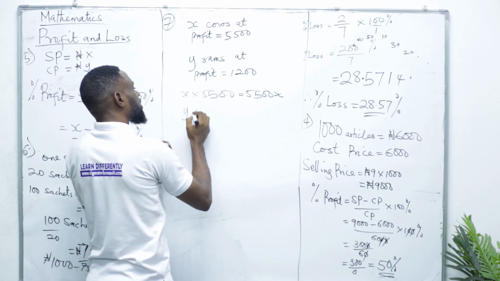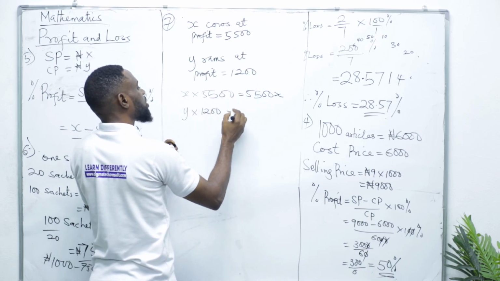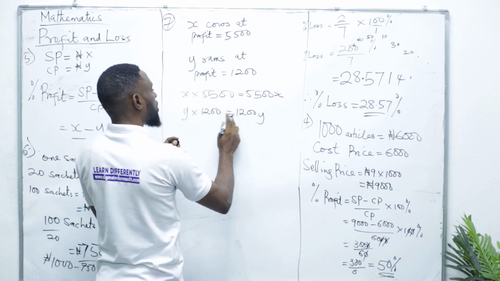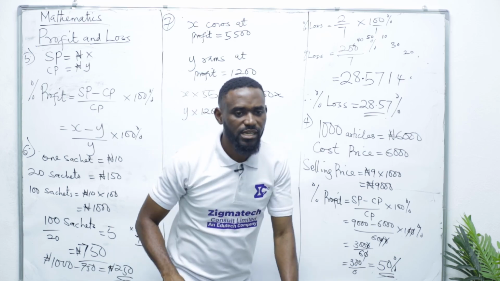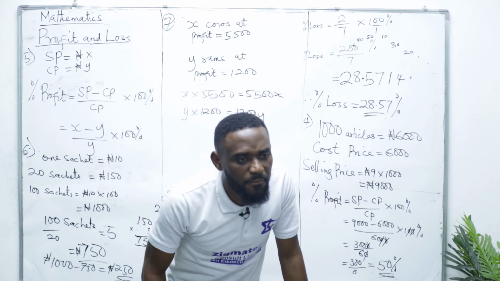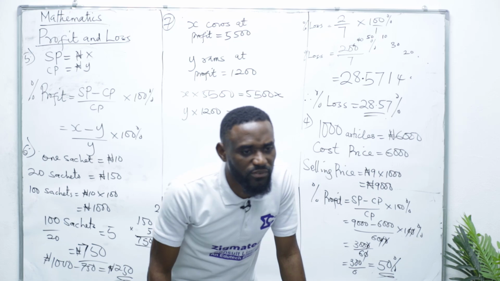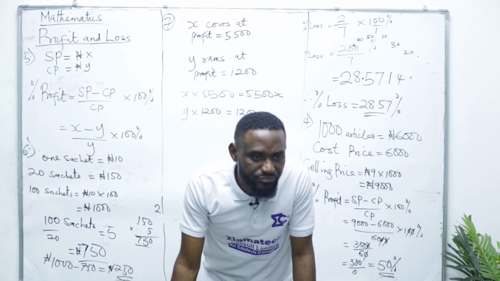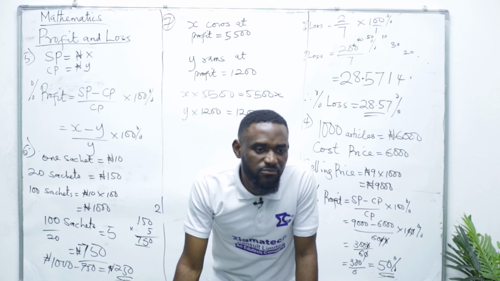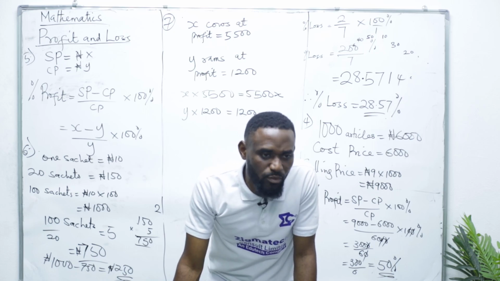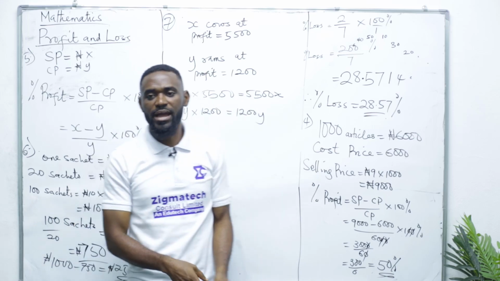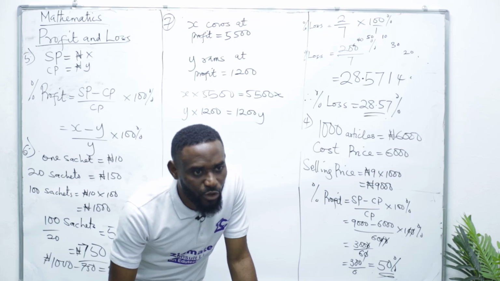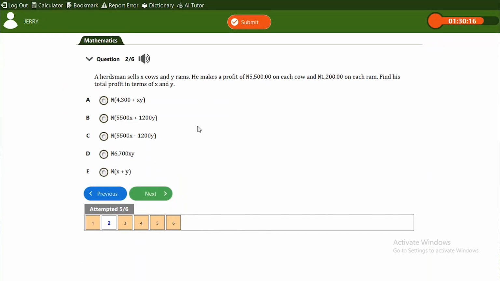That is Y times 1,200, that is 1,200Y. So they said we should find the profit he made in terms of X and Y. So he made 5,500X plus 1,200Y naira profit. Is that okay? So that is option B.